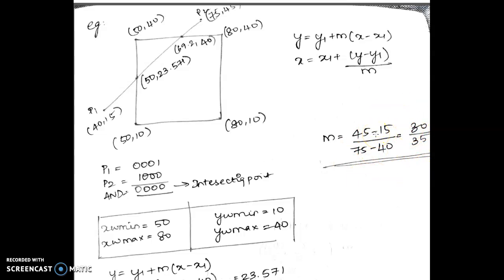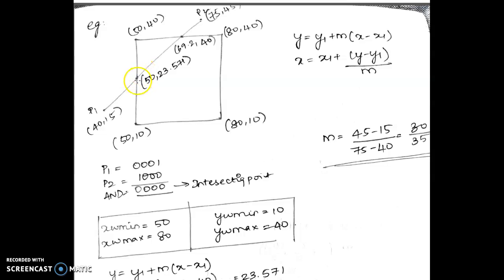The general line equation is represented by Y minus Y1 equals M into X minus X1. To find the Y value and X value of this intersection, I have rewritten that line formula in this manner, to find the Y coordinate of this point and the X coordinate of this point.